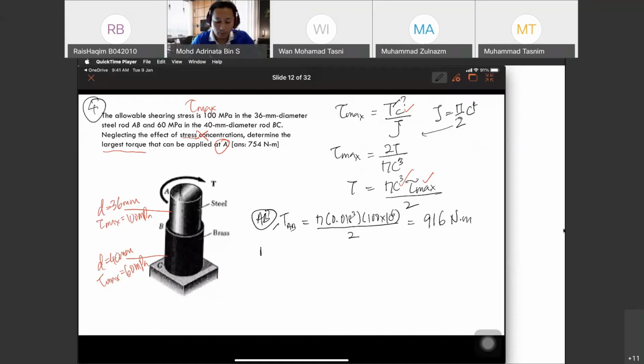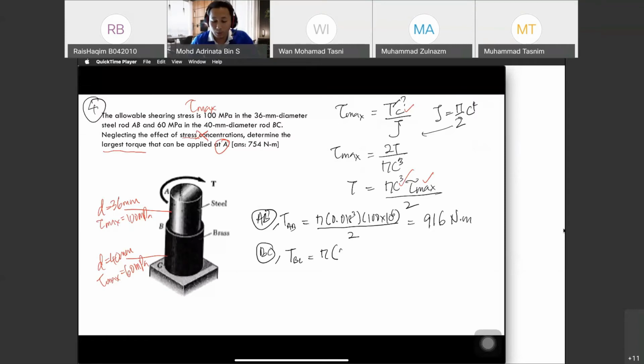Untuk BC, use the same equation. TBC is equals to pi. C is radius, dia bagi 40 mm, so bahagi 2, 0.02 to the power of 3. Tau maksimum adalah 60 megapascal divided by 2, and you can get your answer, betul tak? 1754 Newton meter. Jap. Calculate balik.